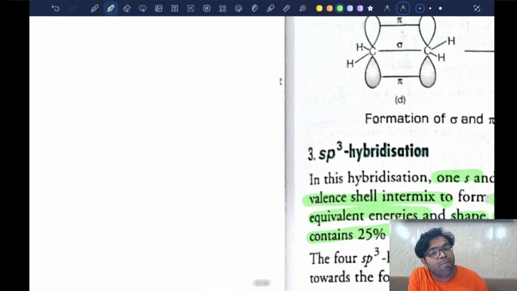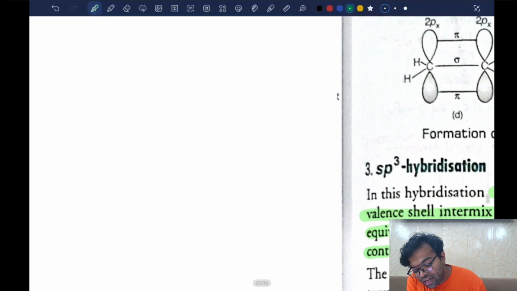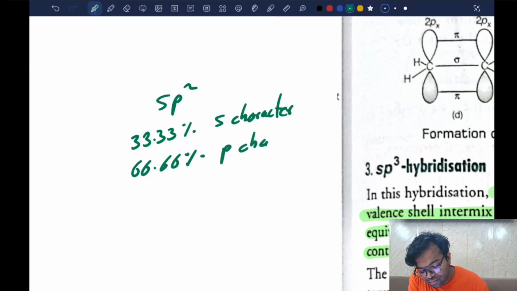Oh, I forgot to tell you about the s and the p character in the case of sp2. In the case of sp2, you have 33.33% s character and 66.66% p character. Why?